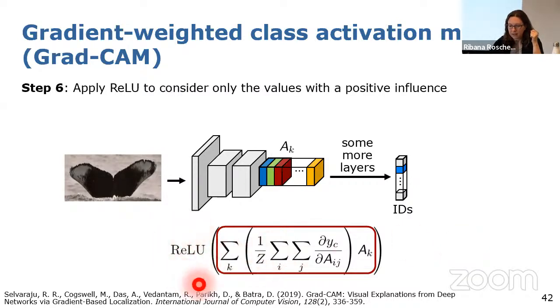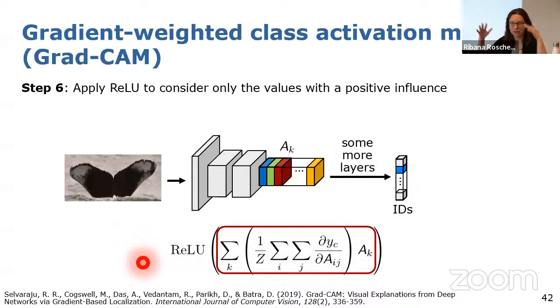And the last part, this is actually a mistake. This one needs to be highlighted. Now, ReLU is applied to consider only the values with a positive influence. The reason is that Grad-CAM removes all negatives, with the argument that we are only interested in paths that contribute to the selected class C and not to other classes.